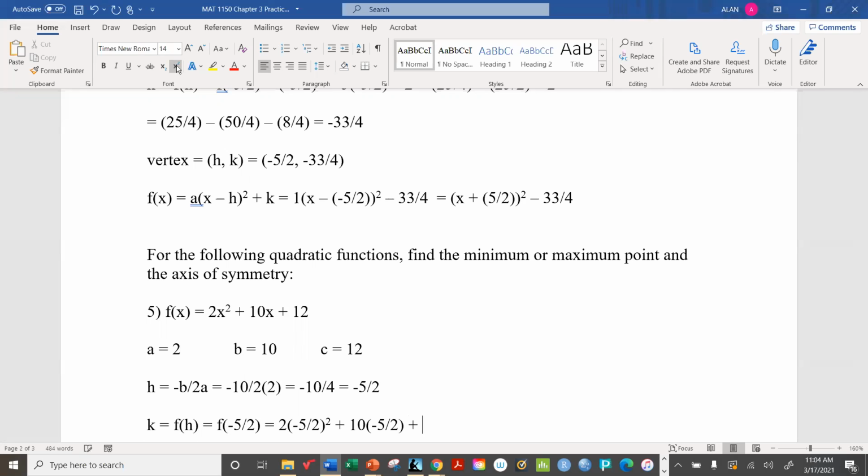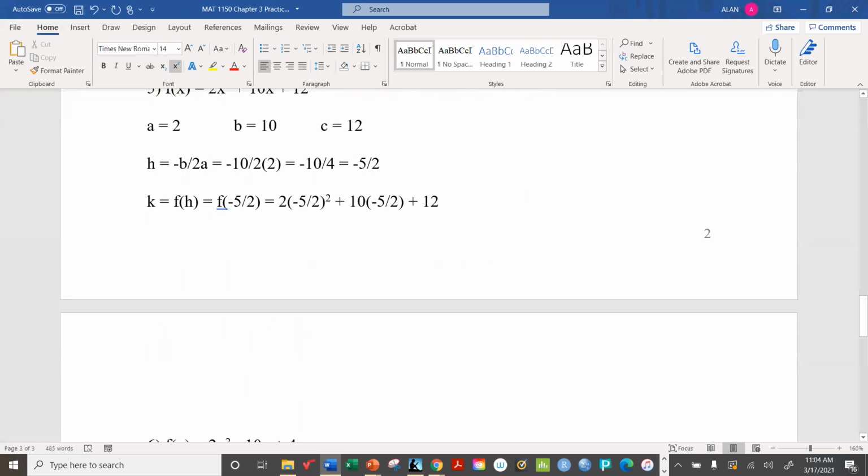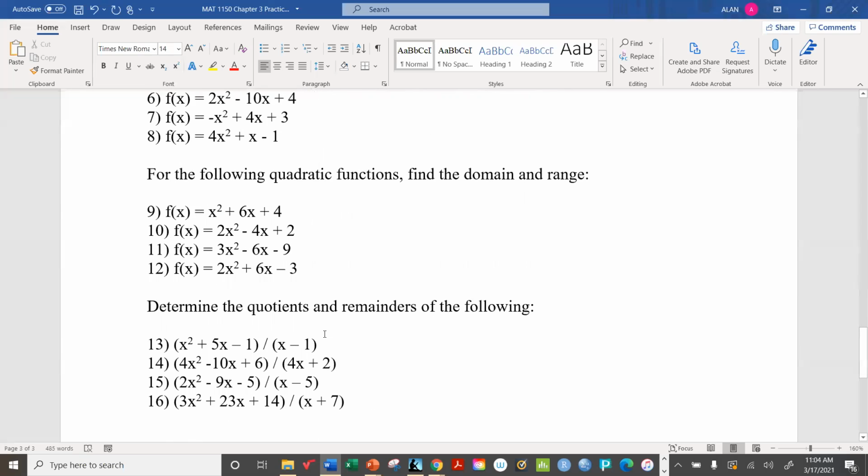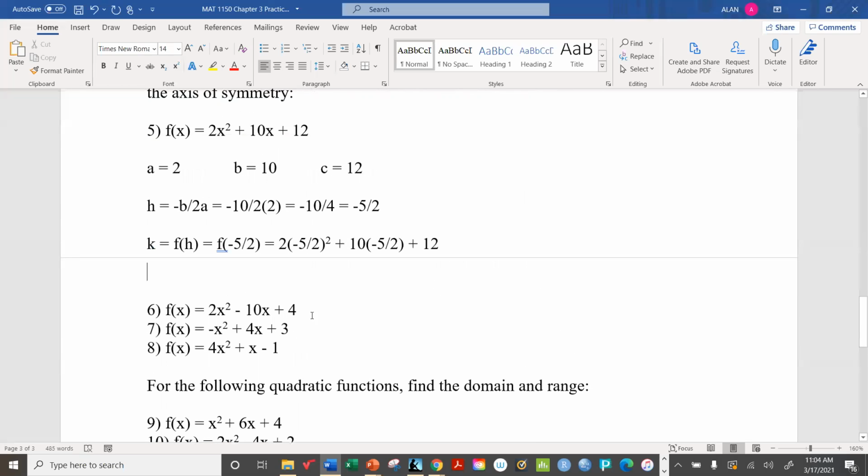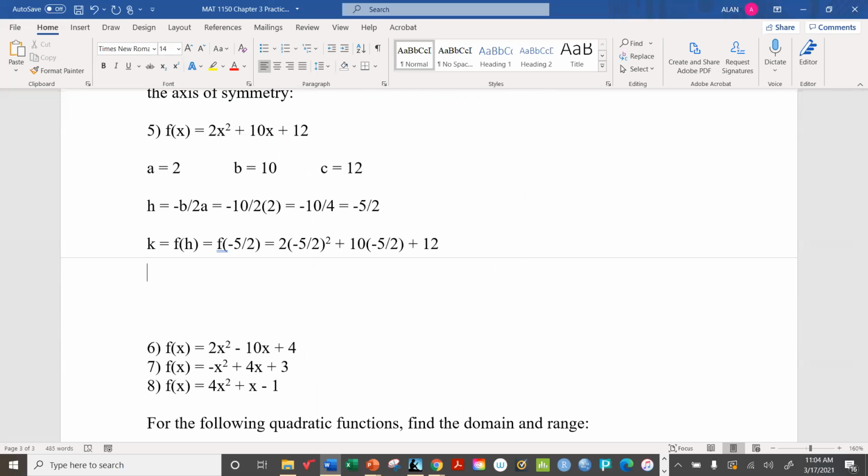We got to watch out with this one with all these negatives. And so 2 times, now negative 5 halves squared is positive 25 fourths. Then we'll have minus 50 halves plus 12.